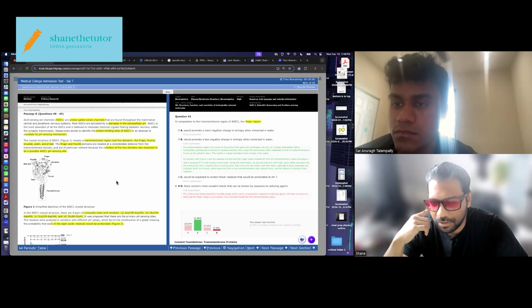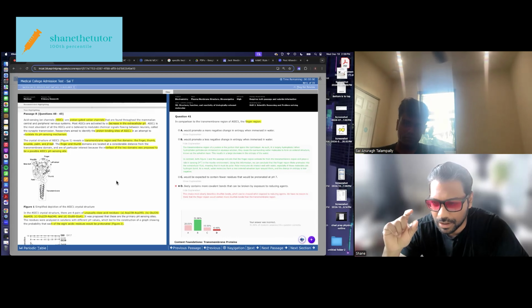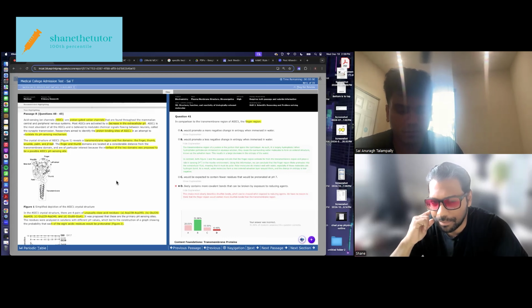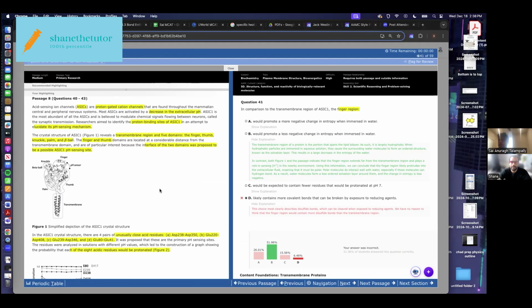So if your final entropy is greater than your initial entropy, you have a positive change in entropy, right? Which doesn't always have to be positive. In fact, it can just mean less negative. Gotcha. I didn't think about it that way.